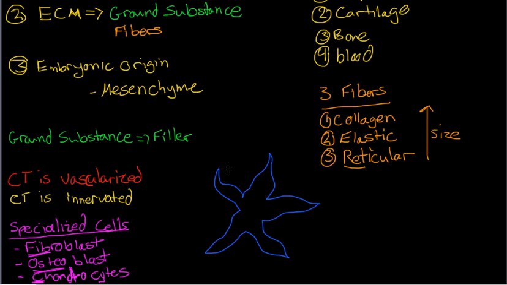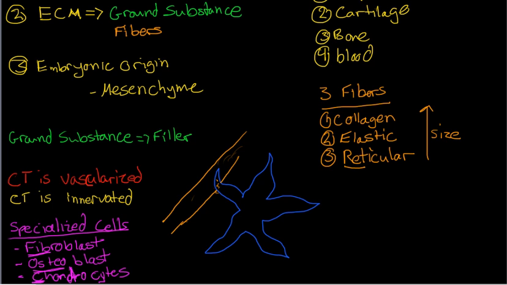So you'd have a collagen fiber coming here. The subunits are being made in here and then secreted out in order to create this collagen fiber. The same thing happens with elastic fibers and reticular fibers.